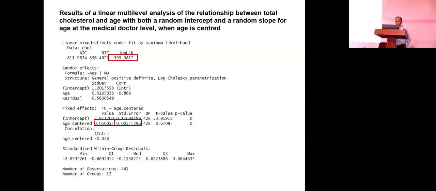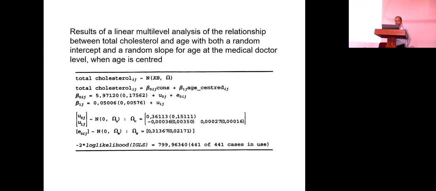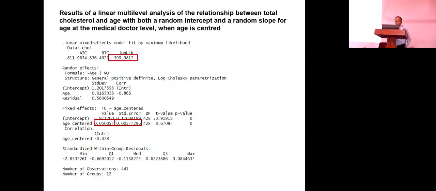It's easy to capture this as the variance of the random intercept. It's 0.36. Here it is not exactly the same. The variance of the random intercept decreased to 0.17 in our software.